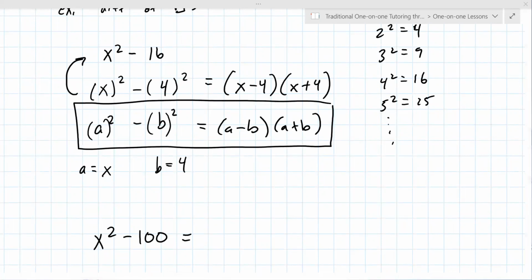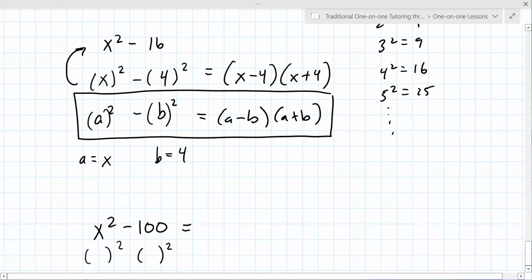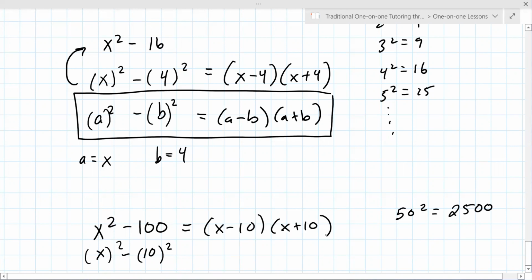I'm not going to lie, this is all over the place, I'm confused. Okay, so what squared gets you back to 100? 50 squared is 2500. Squaring means you multiply it by itself. 10, yeah. So this becomes x minus 10, x plus 10.